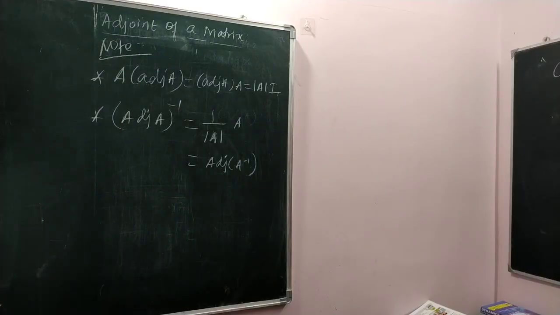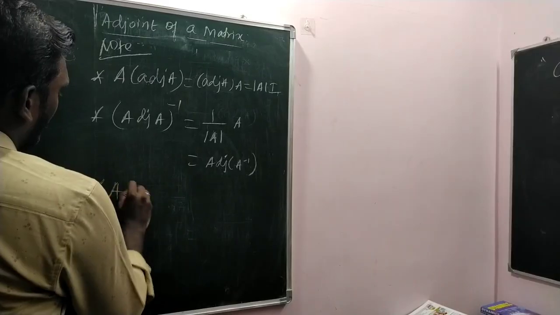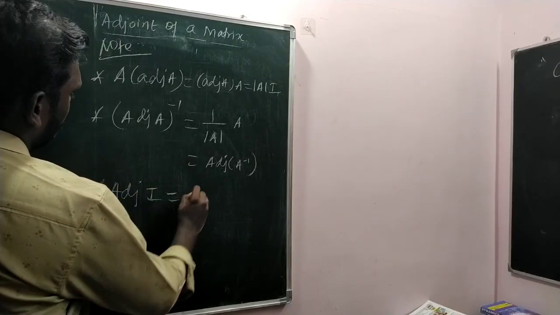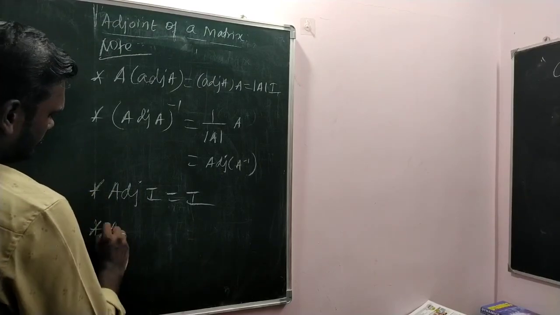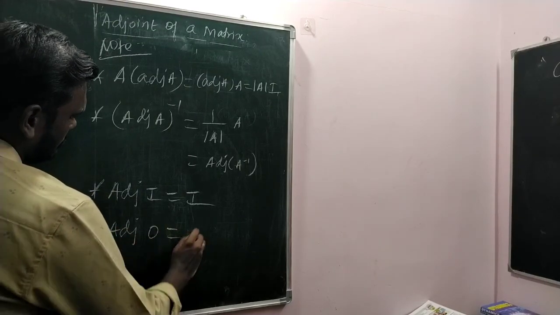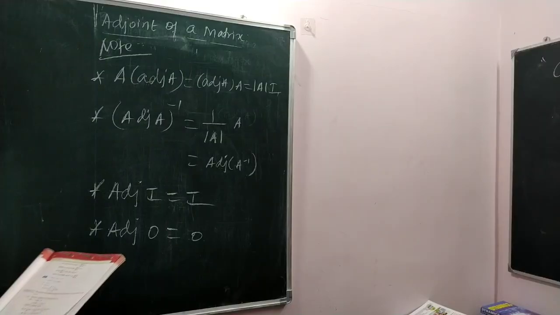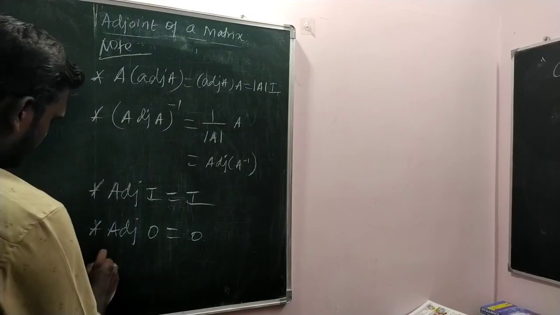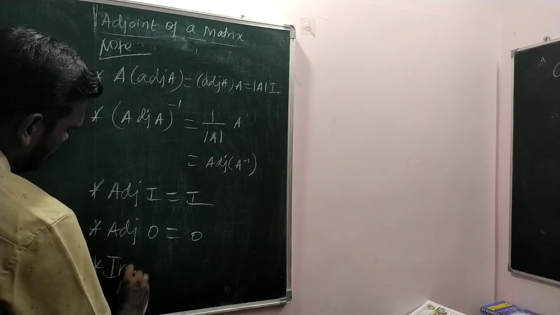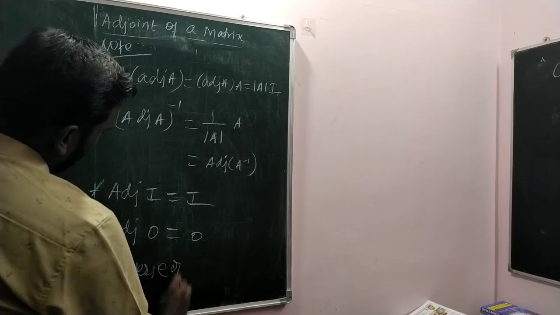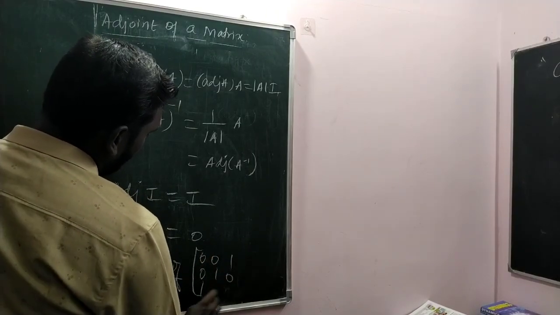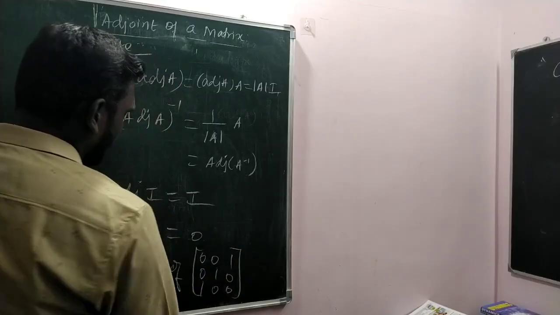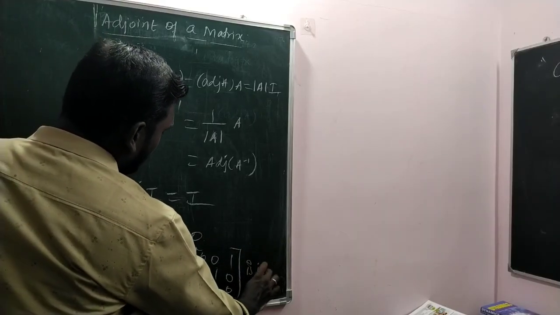And adjoint of the matrix I. I means what matrix? Identity matrix, this I again. Also adjoint of 0 matrix is 0 only. And the inverse of the matrix 0 0 1, 0 1 0, 1 0 0 is itself.